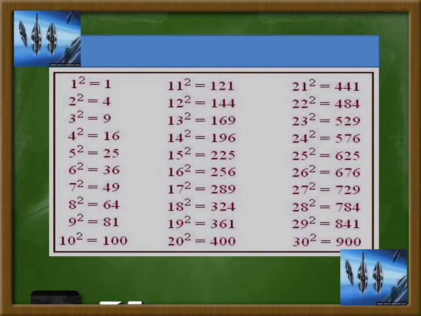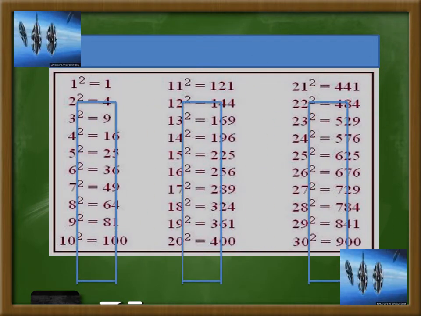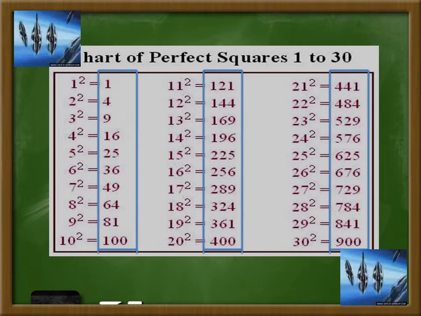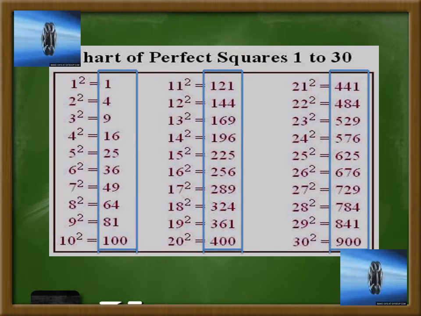So here, this is the chart of the perfect squares from 1 to 30. So the numbers with the rectangular blue box are perfect square numbers.